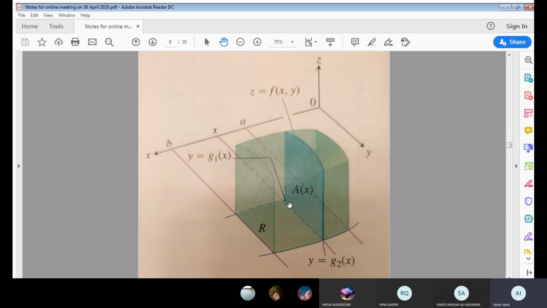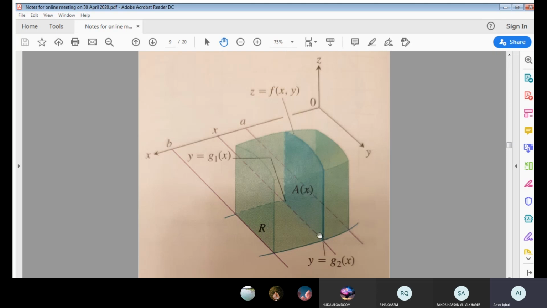So f of x, y multiplied with dy gives you a small strip of this area, and then you have to integrate that with respect to y, where y is changing from g1 of x to g2 of x.